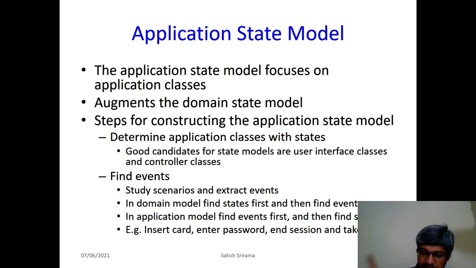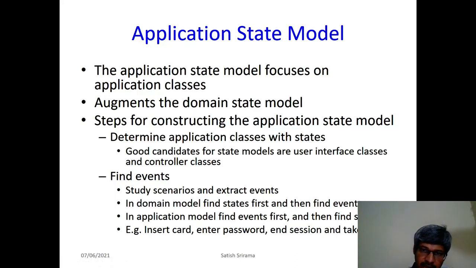Once you have the application class model, you need to develop the application state model. When we were discussing the domain class models and the domain state model, we discussed that in the state model you take each and every class that has some temporal behavior, and for that you define all the states.